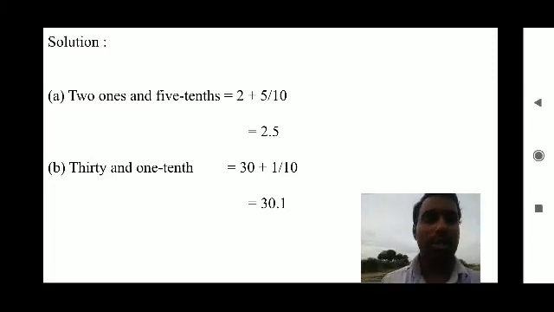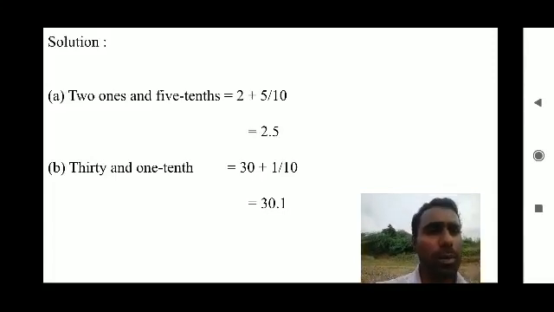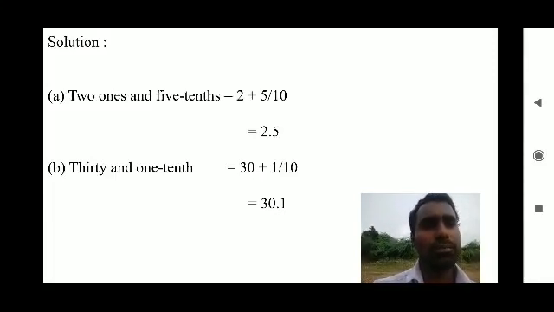Then you divide further and get 0.5. For 10, how many zeros are present? One zero. So for 10 you put 1 point, and then write the numerator digit, 0.5. Only one digit comes after the point, and that digit is the numerator digit. So 2 plus 0.5 means 2.5.